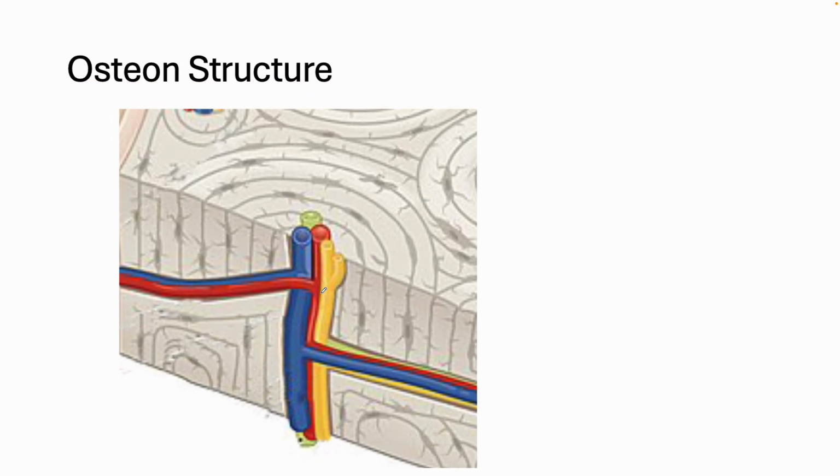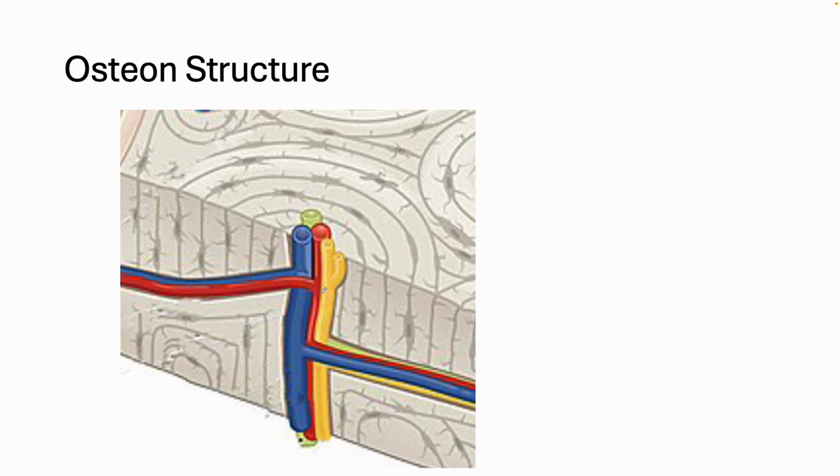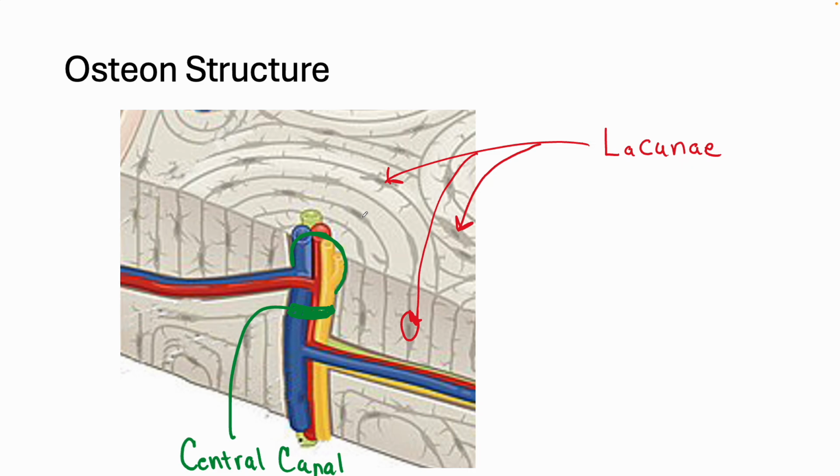If we go deeper and look at the osteon structure itself, we can see that there are essentially holes that are perforating these places, fitting in between the lacunae. These are the lacunae that are going to be housing the osteocytes. In the center of the osteon, you have what is known as the central canal.